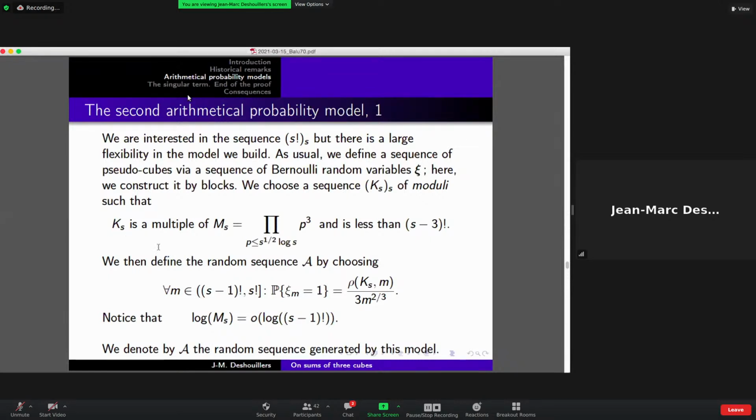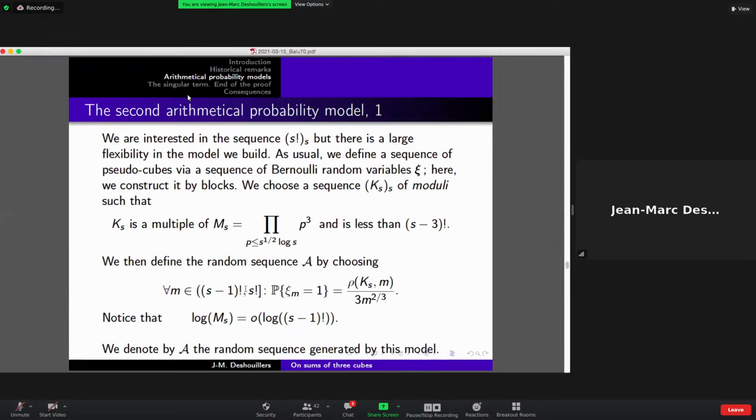So we want to look at the elements in this set. We take a model for the cubes which are between s minus 1 factorial and s factorial, and which are divisible by the product of the cubes of the primes up to s^(1/2) log x. So you have to understand that this is really much larger than ms.